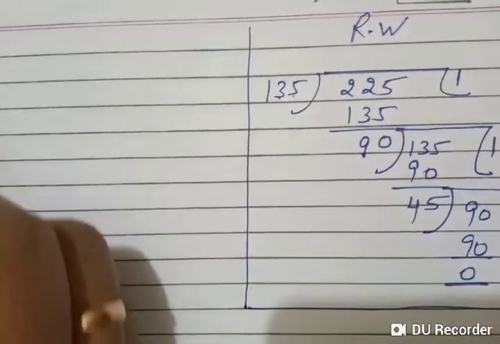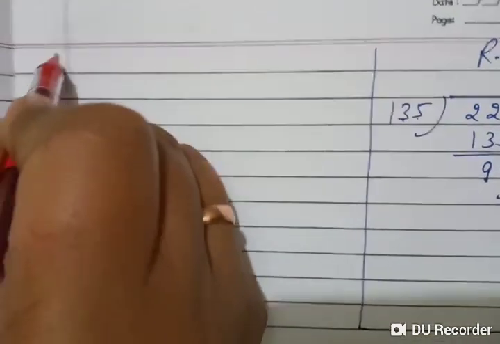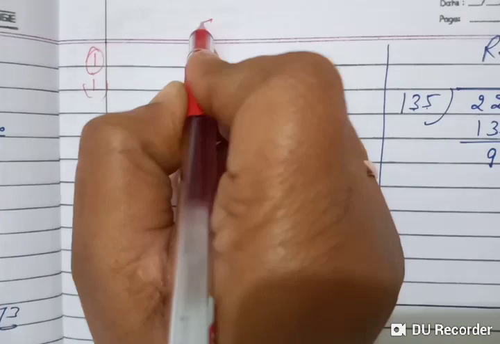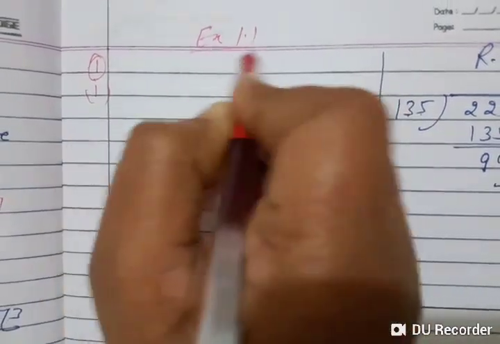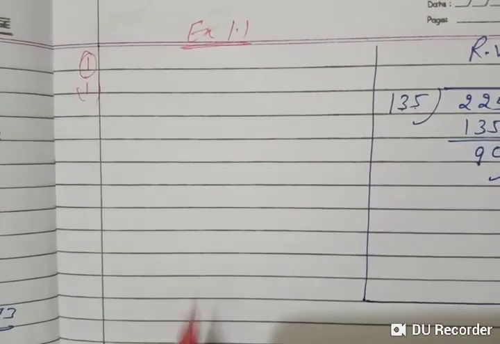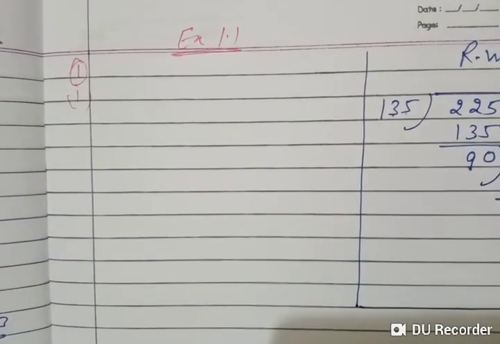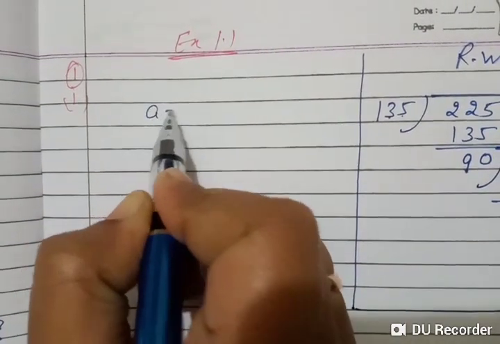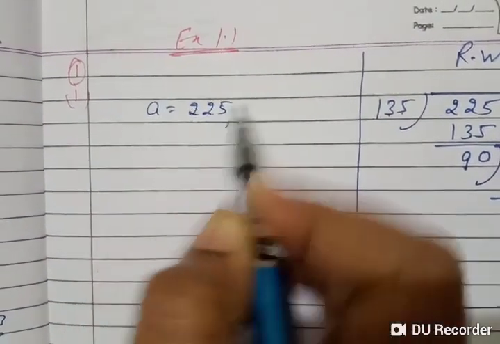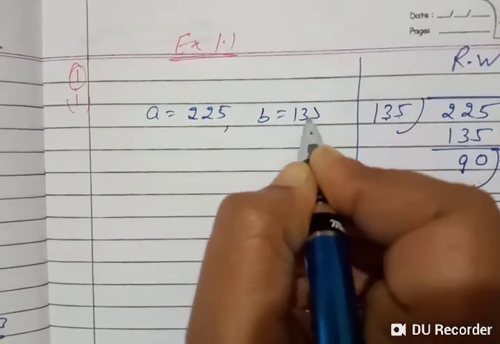Now we will write the proper steps that you will do in your 10th class board exam. Here we will consider A as 225 and B as 135.